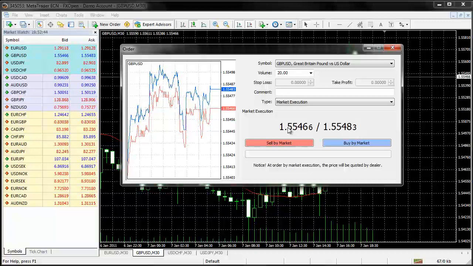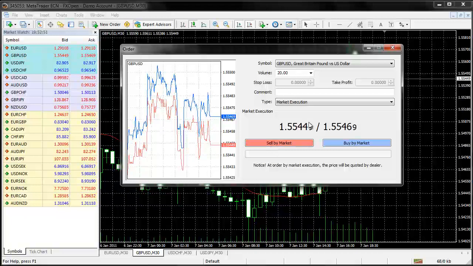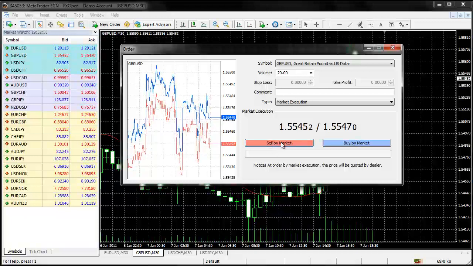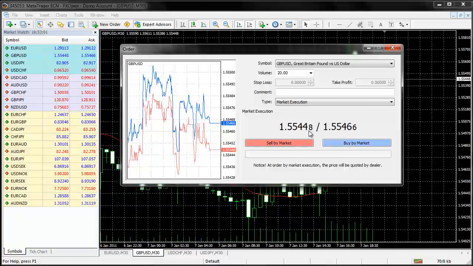But it's not. You're actually charged the lesser price. It might seem like you're getting charged less, but you're not, and I'll explain that in a moment. When you click on the sell button, the price that's going to be activated is this price on the top right hand side, and not the one above it. And vice versa for the buy trade, it's going to be the opposite one, the adjacent one.